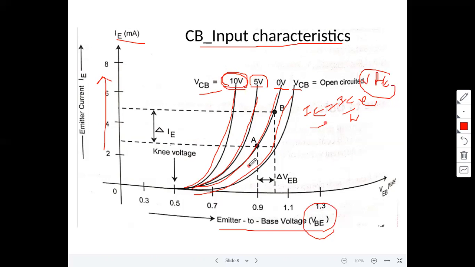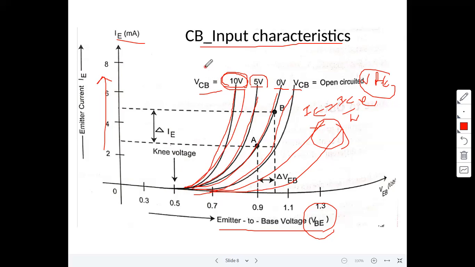And compared to the CE configuration, in CE configuration, as output voltage increases, the input current increases slowly. Whereas in CB configuration, as output voltage increases, it increases very quickly.